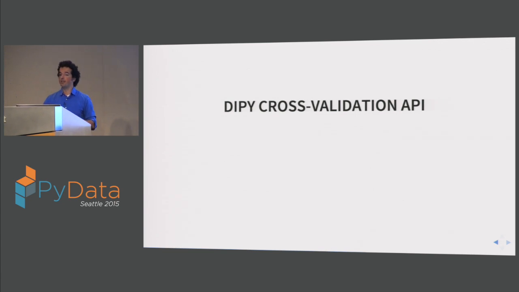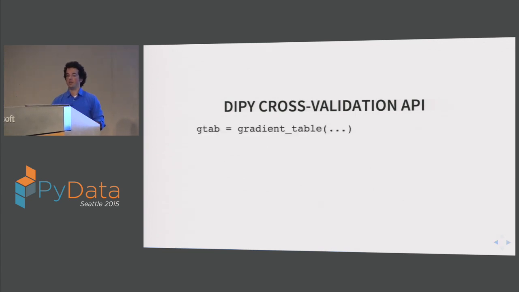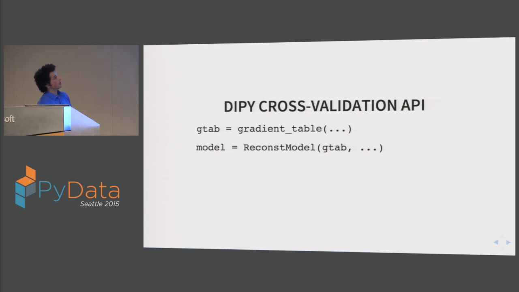In DiPy, we've implemented a very simple cross-validation API. The user enters a gradient table that tells us which gradients were measured, which directions of diffusion were probed. And then some reconstruction model is generated using this measurement. So at this point, there's no data yet.